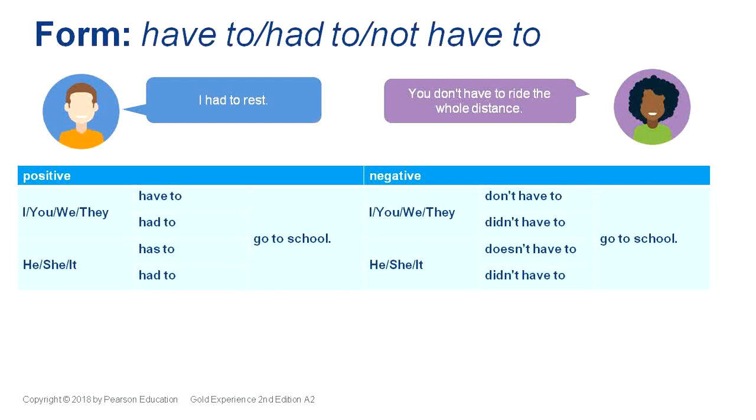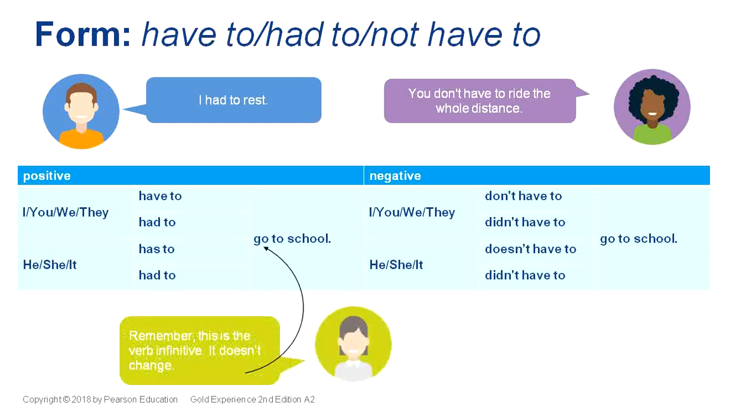Here is a table which shows you all these examples and formulas. Now remember, this is the infinitive. It doesn't change. Yes, we don't change go after to. And careful with the changes in the third person. He, she, it in the present.